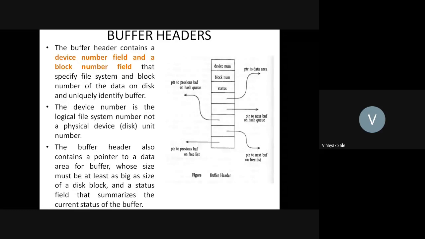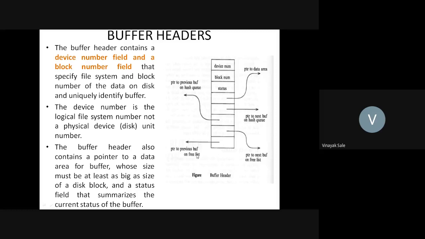And there are a total of 5 pointers. The first pointer is the pointer to the data area. The second pointer is the pointer to the next buffer on the hash queue. The third pointer is the pointer to the previous buffer on the hash queue. The fourth pointer is the pointer to the next buffer on the free list.